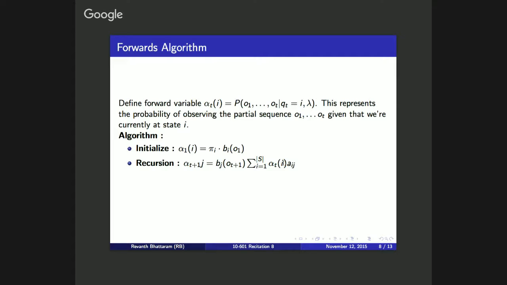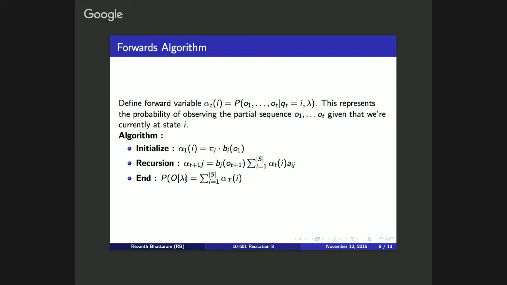We have to transition and end up in state J, and at the same time, O1 to OT has to be preserved as well. We have to observe that particular observation sequence. So we multiply alpha t of I with Aij and sum it up over all possible values of the state. And that's going to give us alpha t plus 1 of j.